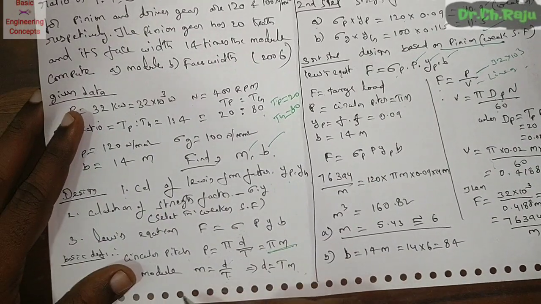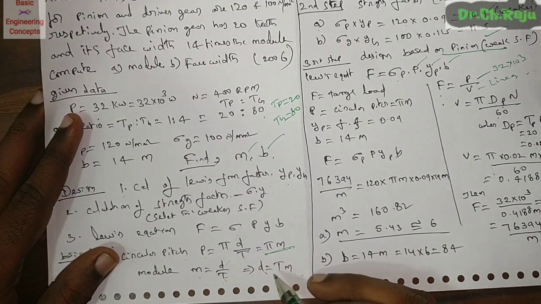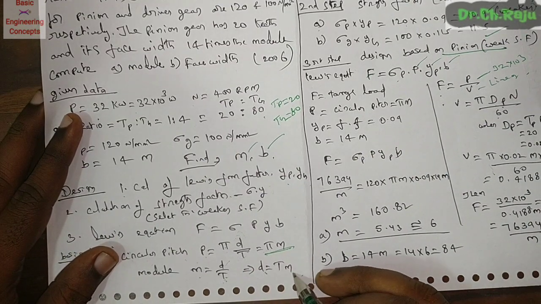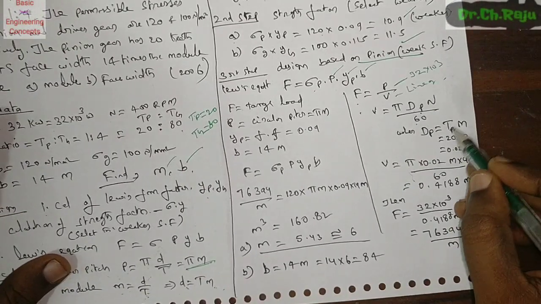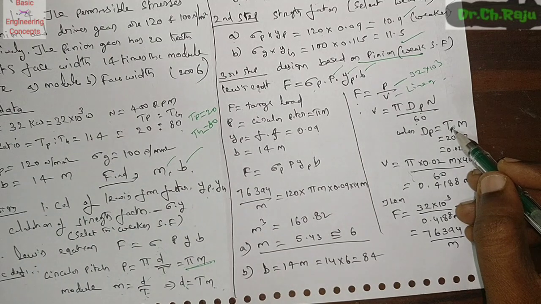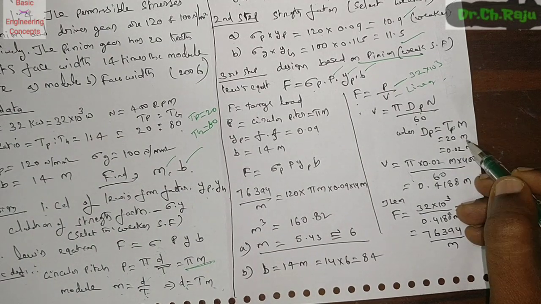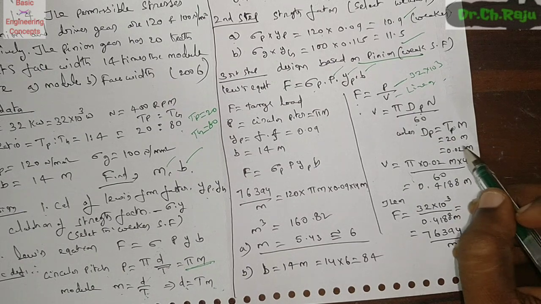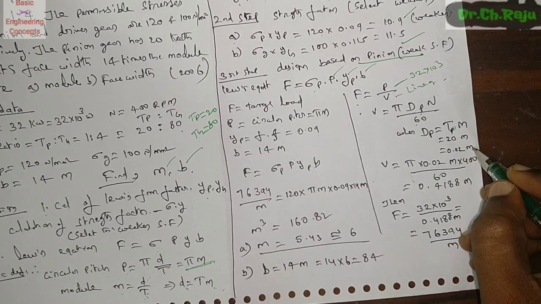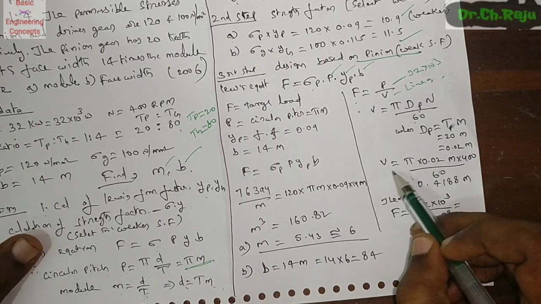Here dP is the pitch circle diameter. From the basic definition of module, d by t, you can derive d is equal to t into m. As the design is based on the pinion, t is taken as TP, that is 20, and m. The only conversion needed is 20 by 1000, in order to convert the millimetres into metres.